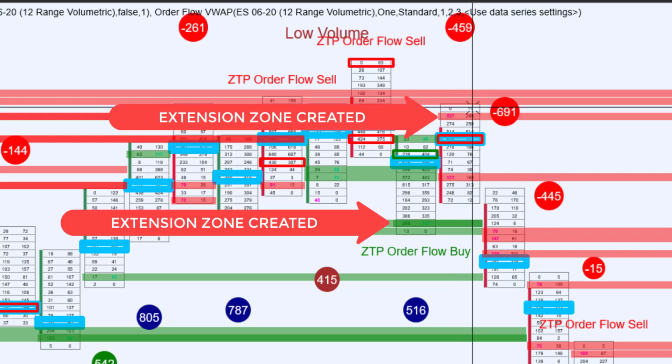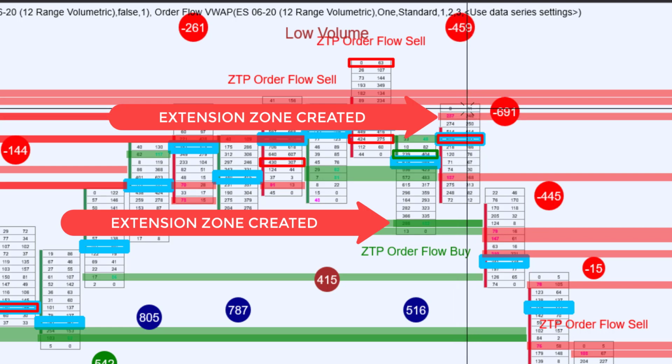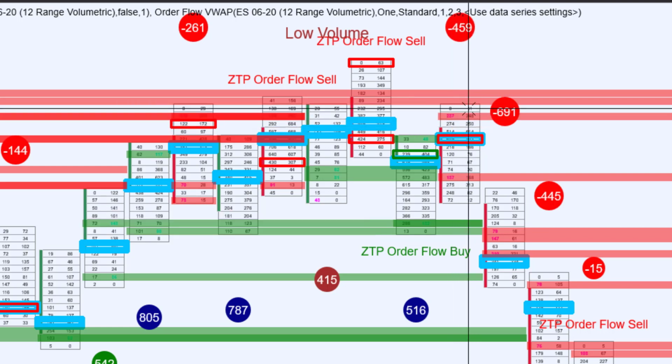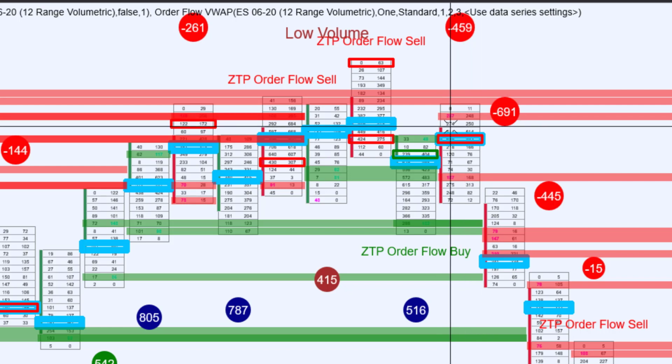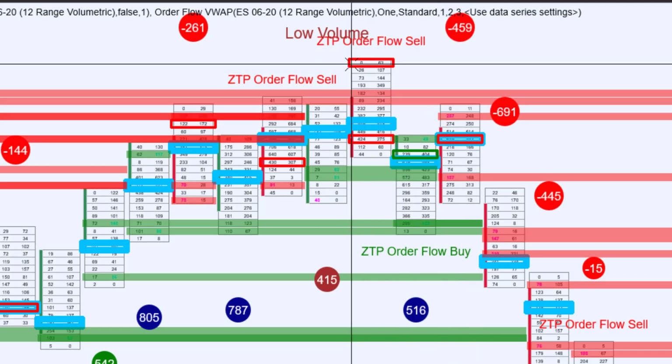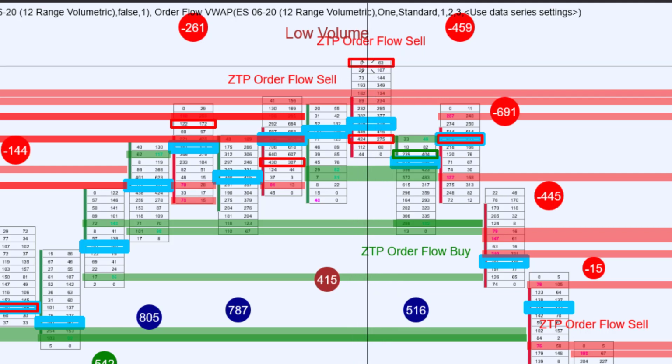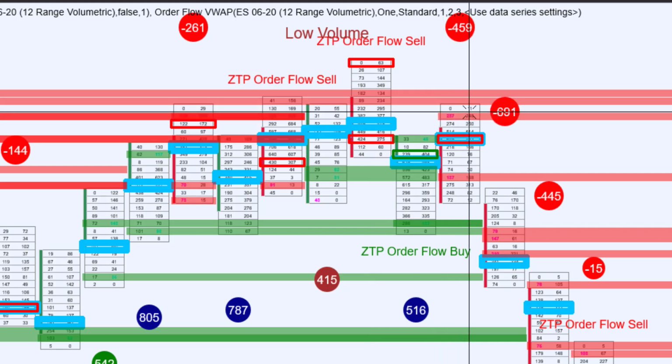What I saw is something very common in a reversing market, and I can demonstrate this on many occasions, approximately 80%: we create an extension zone or an absorption zone one tick from the high. This was unusual because it occurred at the high, but usually it's one tick from the high and we get that reversal.